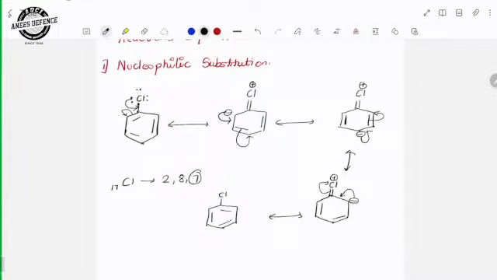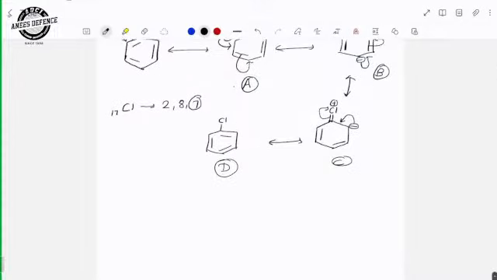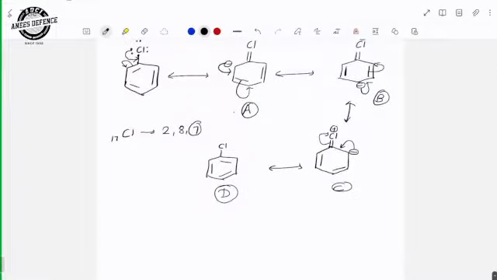So what is the need of this resonance structure? When you look into these resonance structures, you observe that the negative charge is present only in the A, B, and C structures.